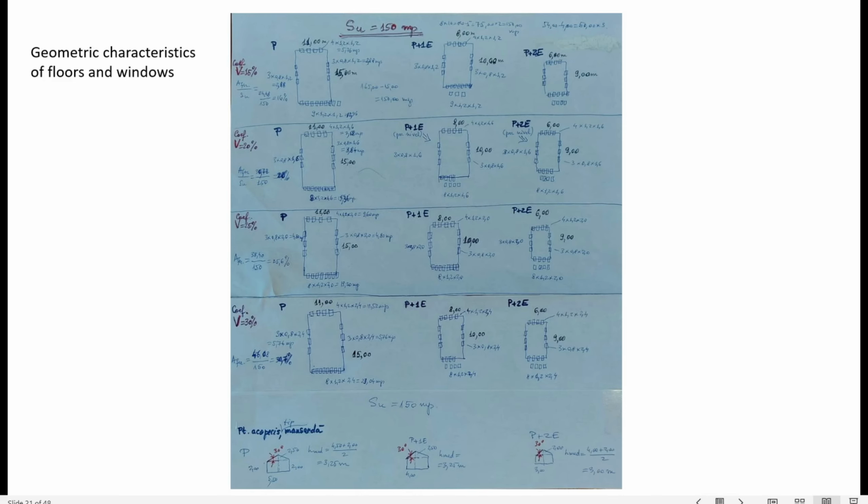Geometrical characteristics of floors and windows for the houses analyzed, with useful areas between 110 and 300 square meters, are presented here.